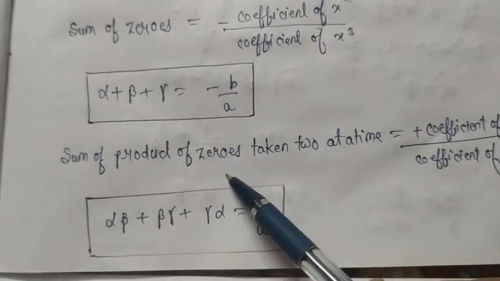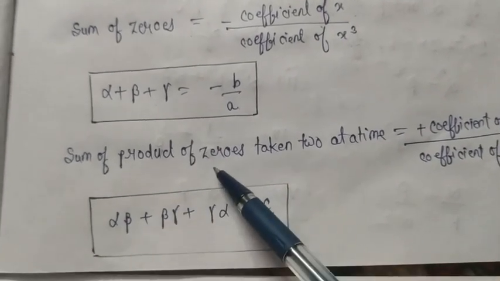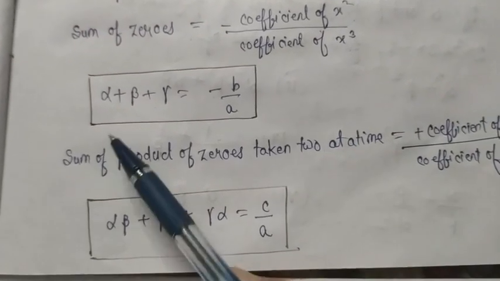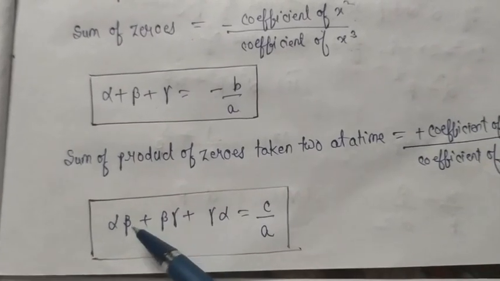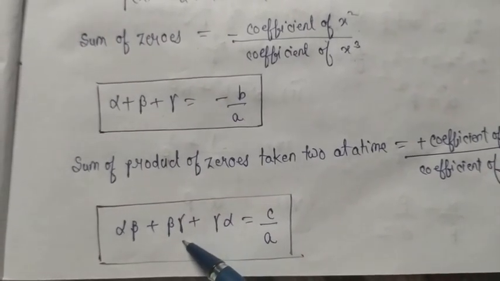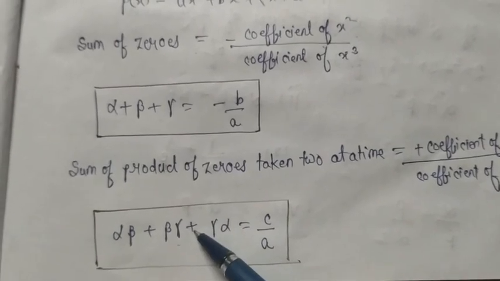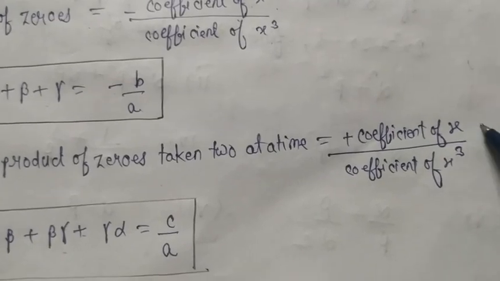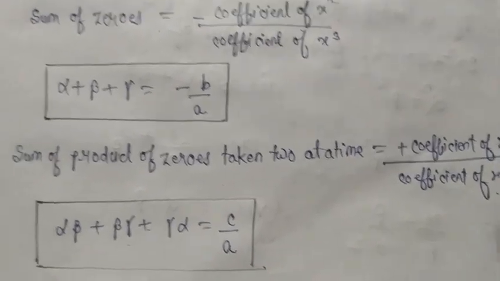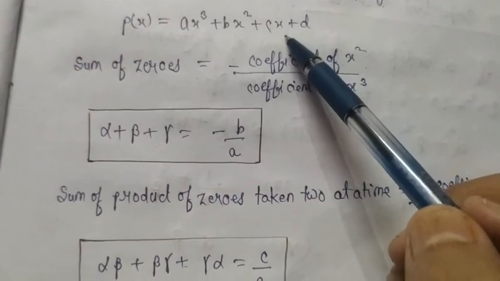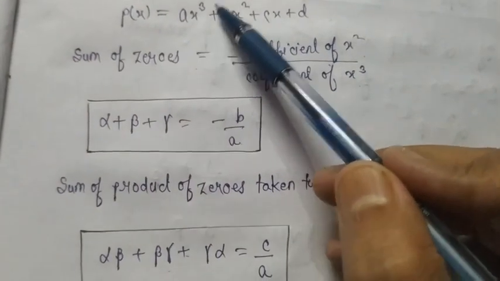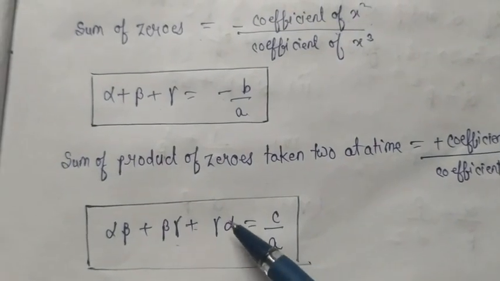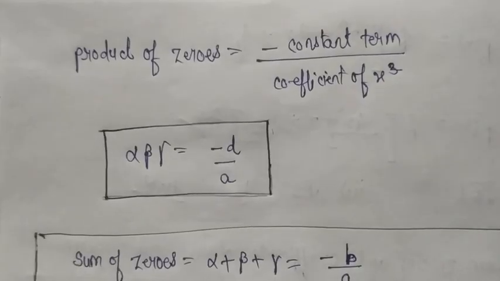So when we take 2 at a time, first comes alpha beta, after that the sum sign, then beta gamma, after that the sum sign, and after that gamma alpha, equal to coefficient of x upon coefficient of x cube. See, in this polynomial the coefficient of x is c and the coefficient of x cube is a. So here will come alpha beta plus beta gamma plus gamma alpha equal to c by a.